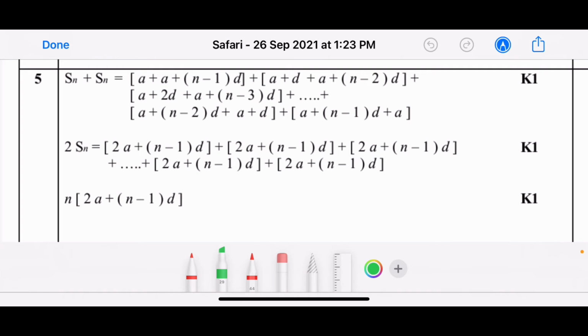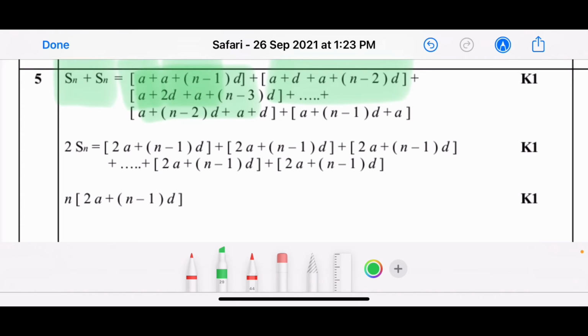Question number 5. First of all, we need to take Sn, the sum for the first n terms, plus the sum for the first n terms by using the first term, second term, and the last term, which is a plus n minus 1d, and then plus a plus d, plus a plus n minus 1d, plus a plus 2d, plus a plus n minus 3d.